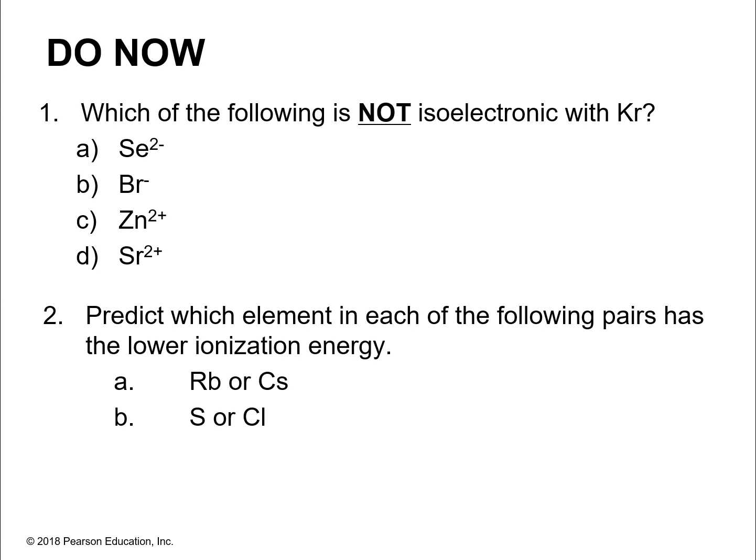Predict which element in each of the following pairs has the lower ionization energy. So for A, is it rubidium or cesium? Which one has lower ionization energy?